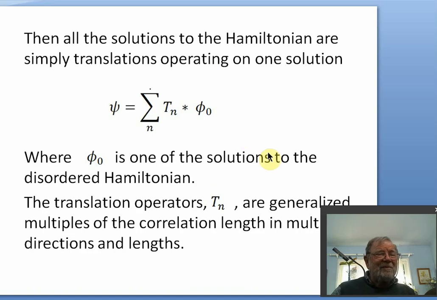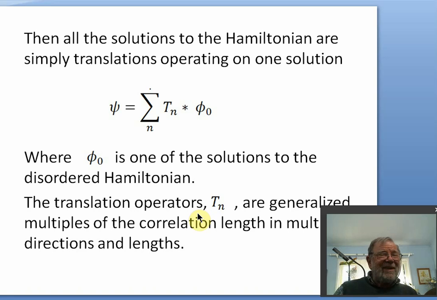And the Tn are generalized multiples of the correlation length, so they can be rotationally separated.